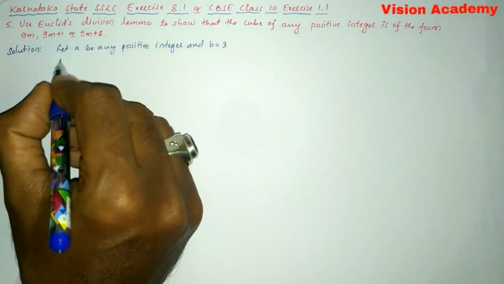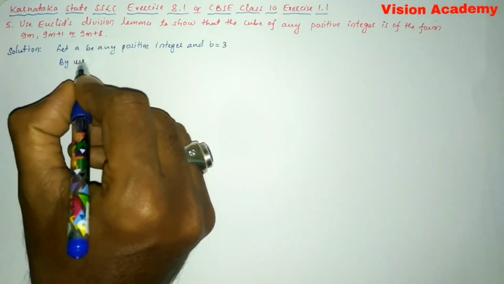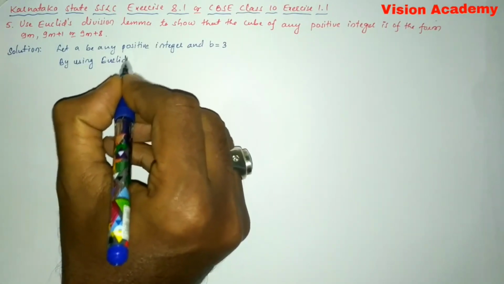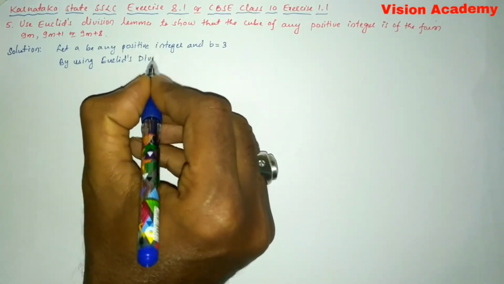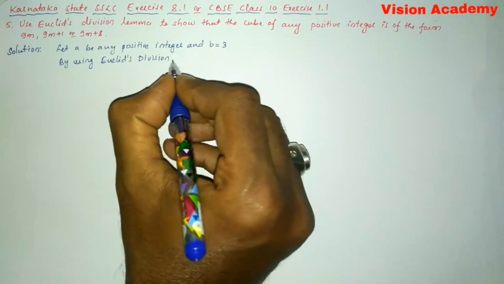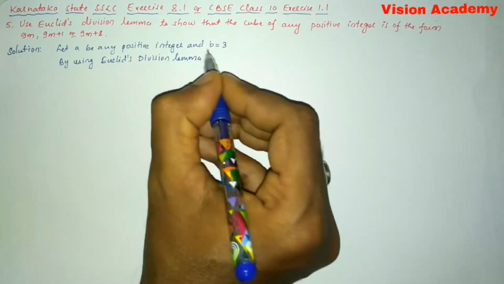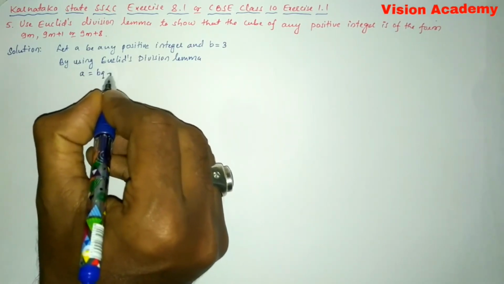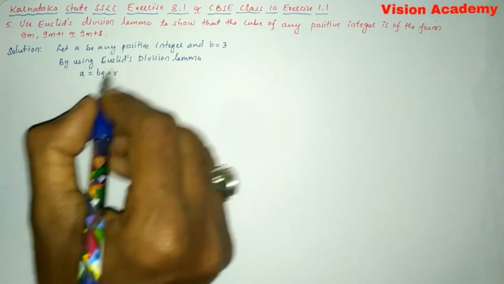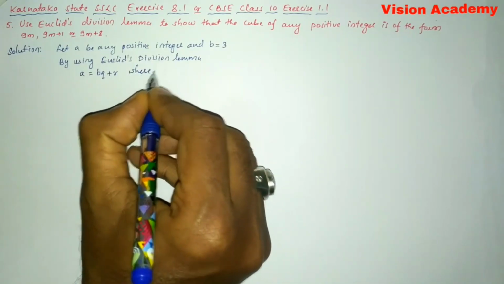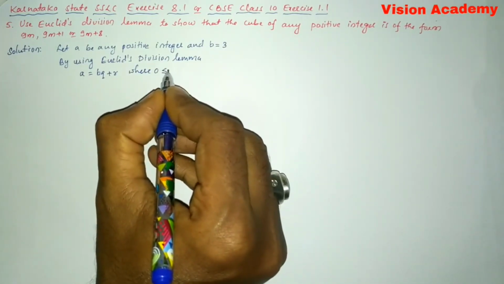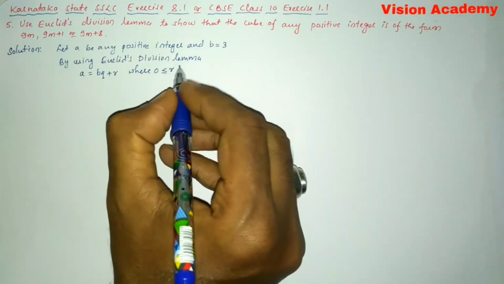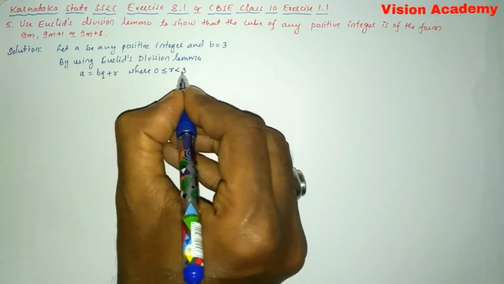Therefore by using Euclid's division lemma, that is a is equal to b into q plus r, where 0 is less than or equal to r, which is less than 3.